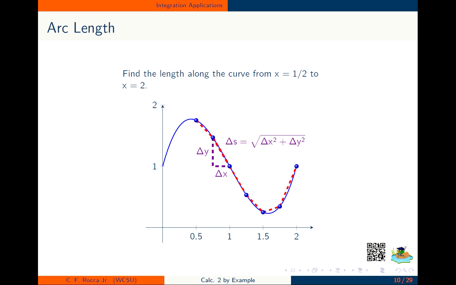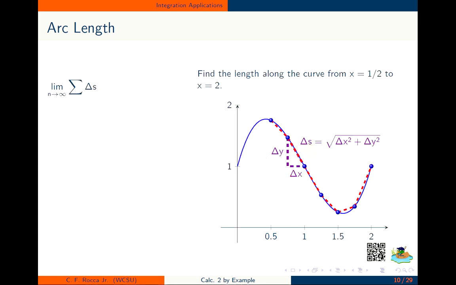So this is the formula we would use to find the length of each of these individual little lines. To approximate the distance from the first point to the last point, we add up all those little delta s's, all those little distances from one point to another, but then we take the limit as the number of lines in our approximation goes to infinity.